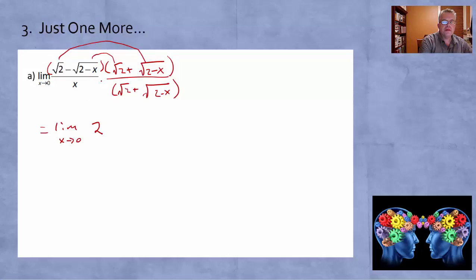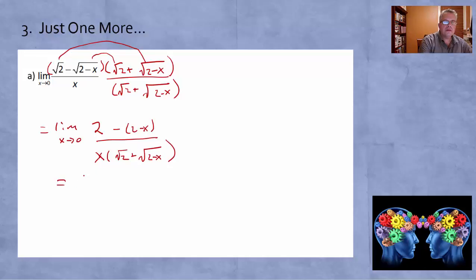So those cancel. All right, and then I got to do the last. This times this would be minus 2 minus x. Because the square root of 2 minus x times square root of 2 minus x is 2 minus x. I got to be careful because there's a negative here. All right, divided by x times square root of 2 plus square root of 2 minus x.